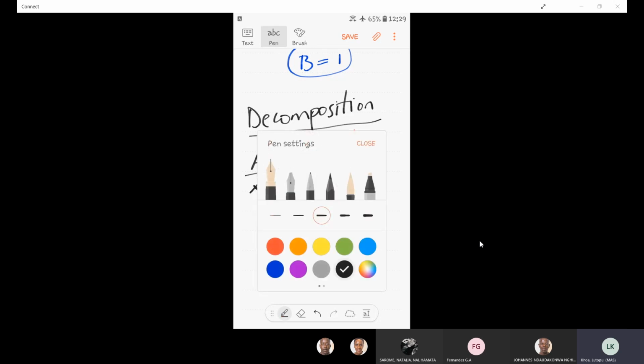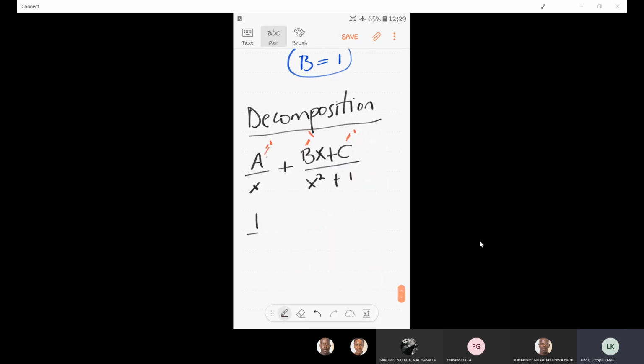So when I write this nicely, I have 1 over x plus, b is 1, so it's just 1, and then plus 1 over x squared plus 1. And when the coefficient of x is 1, I don't even need to write it. So this is what my final answer will be.